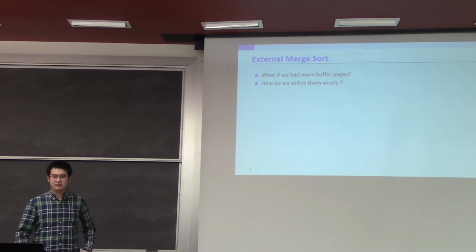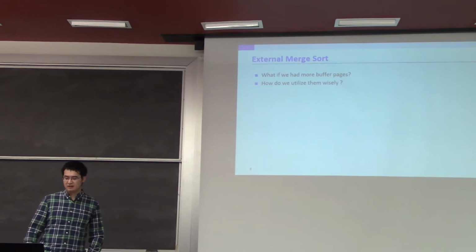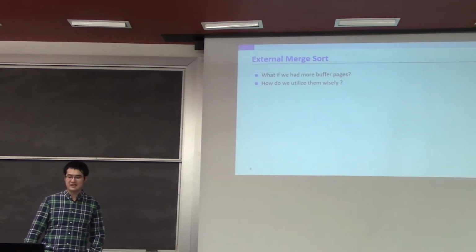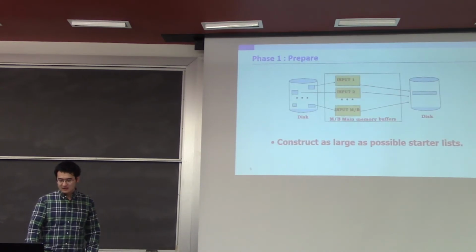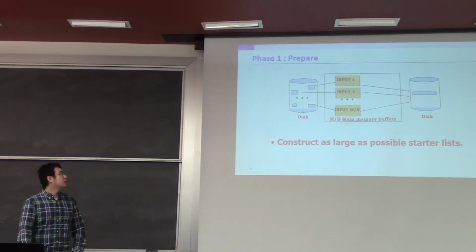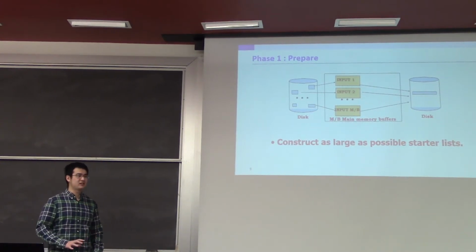But typically we have more buffer pages. Our memory could contain 1 GB, which could be several million pages. So how are we going to fully utilize them wisely? For the first pass, we still use as many pages as possible.